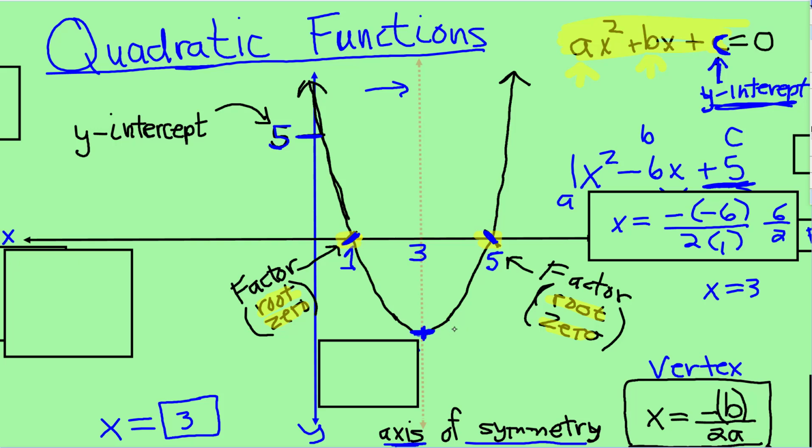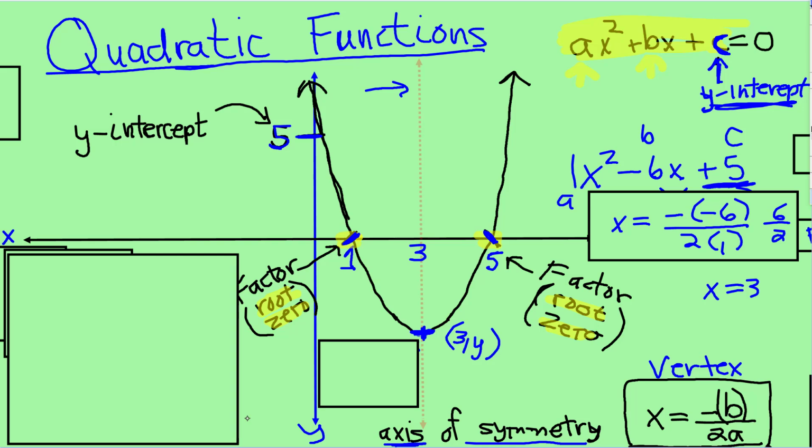Well, to find the y value, you just plug the x value in, substitute it in for the x's. So let me cover some of this stuff up. To find that vertex point, we're going to say y is equal to x squared minus 6x plus 5.